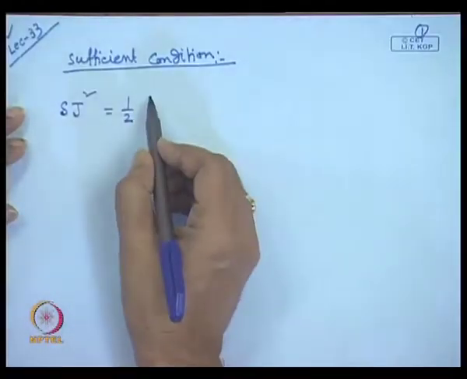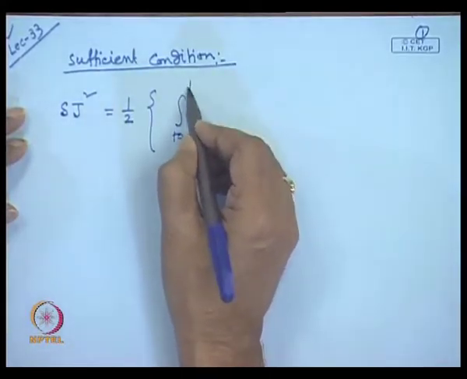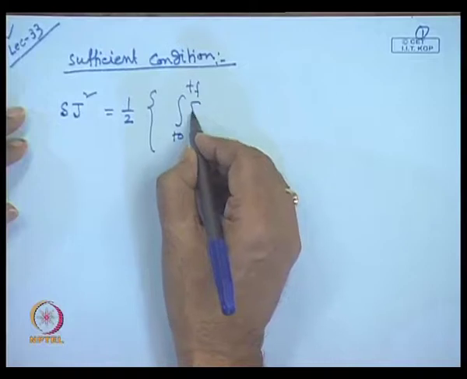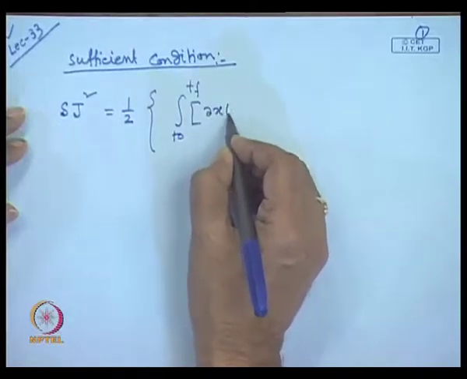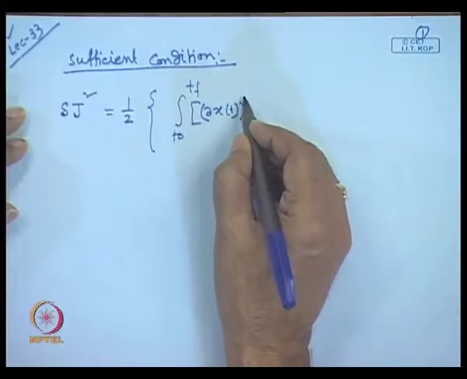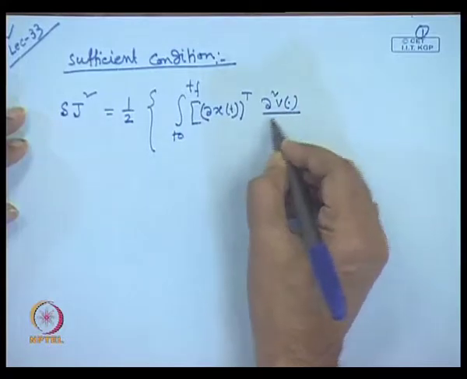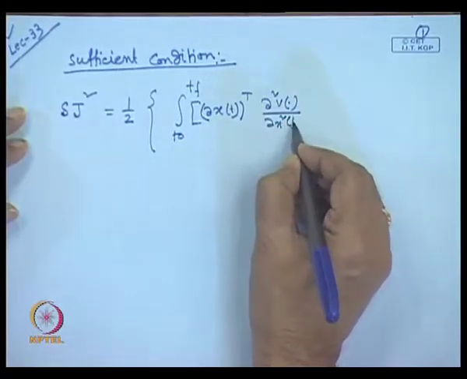That second derivative we now consider as the second variation of the functional, which is equal to the integral from t0 to tf of del x of t whole transpose times del squared V over del x squared of t.